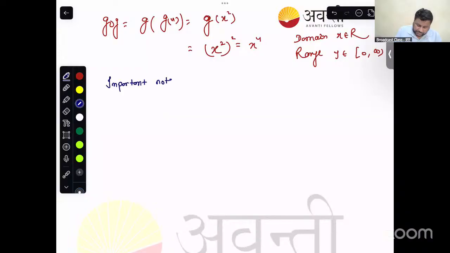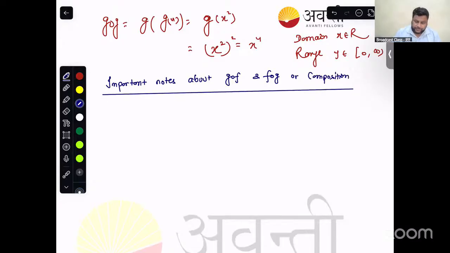Important notes about gof and fog, maybe about composition. Or I should say about composition. Fine. First point.